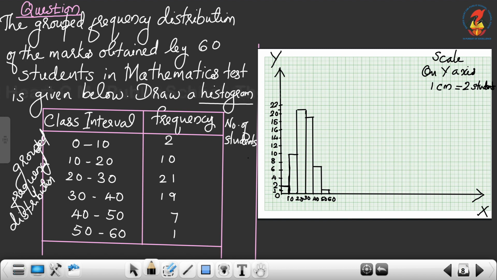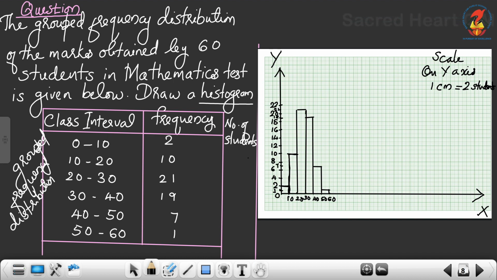And here the number of students are considered, so we take it as 2 students. Then here it is 10, here 21, here 19, and here 7.